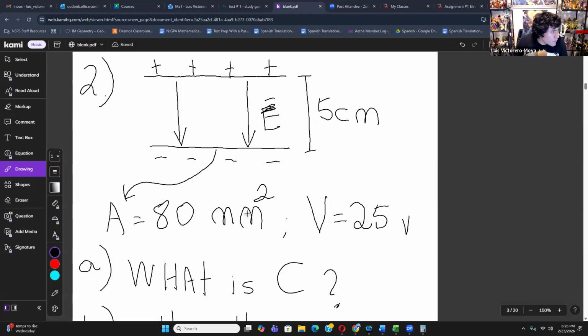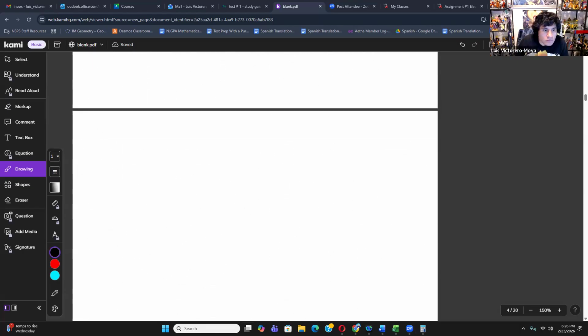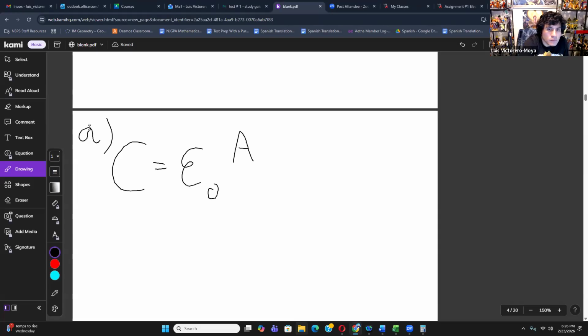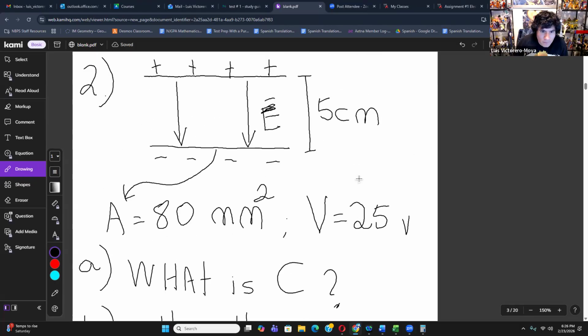Epsilon naught area over distance. And once you have C, you can find, well, you don't need C for E, but you know the equation for electric field for this.